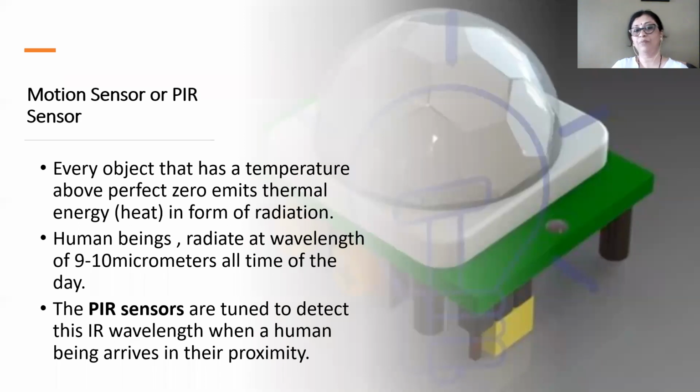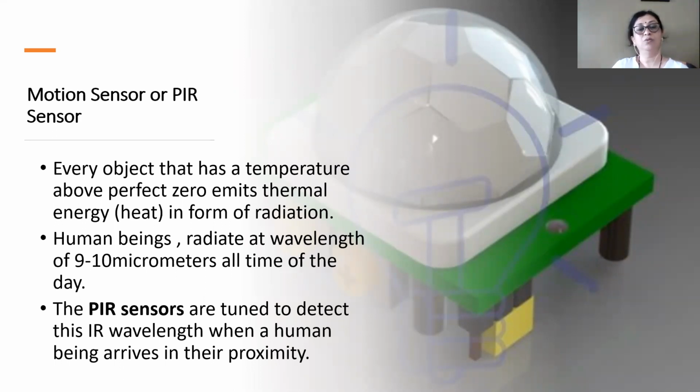If we are capable of sensing this radiation, then we are capable of sensing the presence of a human being. This PIR sensor won't sense the static presence of a human being, but it will sense the motion of a human being. This is an important thing to remember about the PIR sensor.